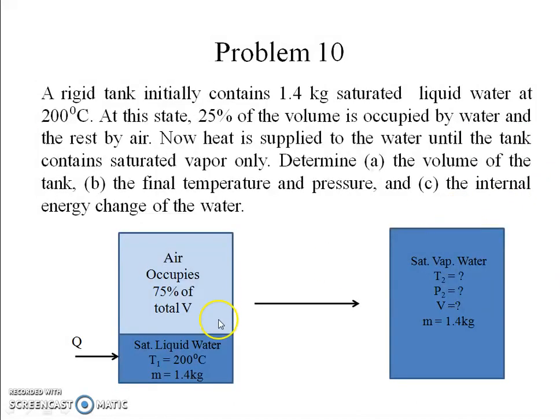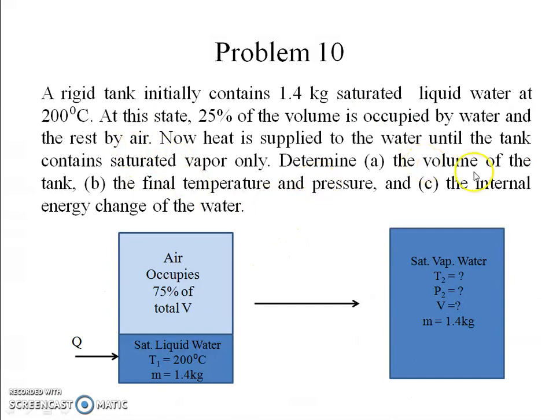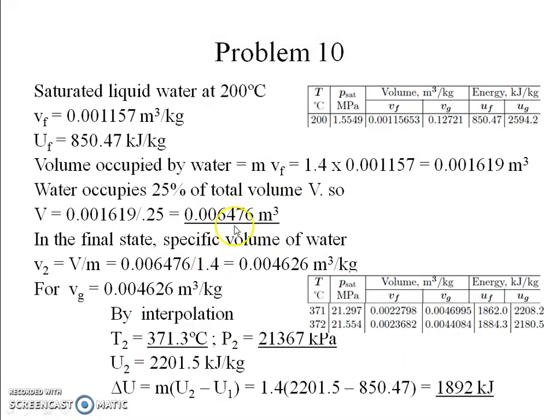But this occupies only 25% of the total container, so we obtain the volume of the container by dividing this volume of water by 0.25. The volume of the container comes out to be 0.006476 meter cube. So the first part of the problem is solved: the volume of the tank has been calculated.